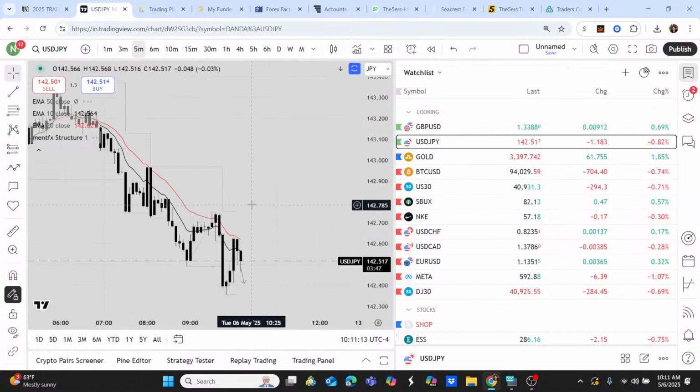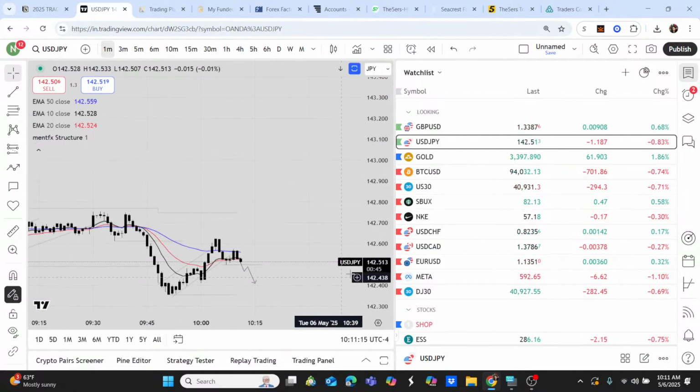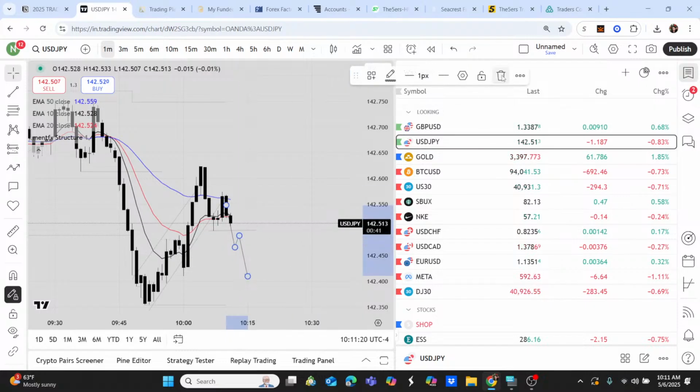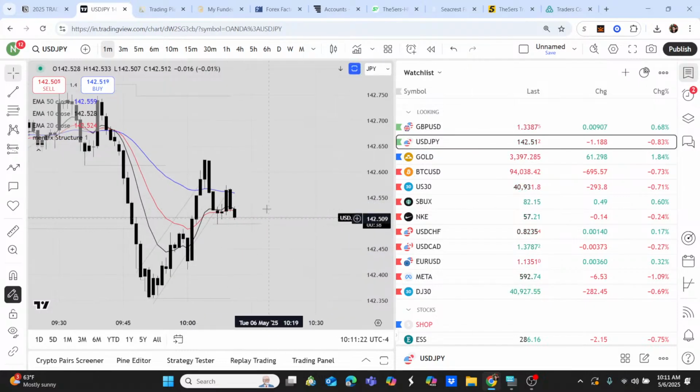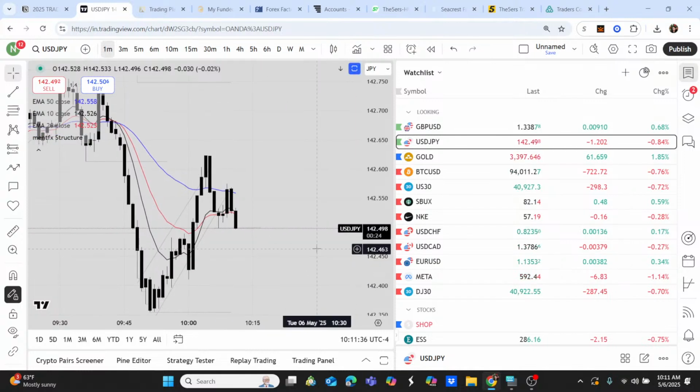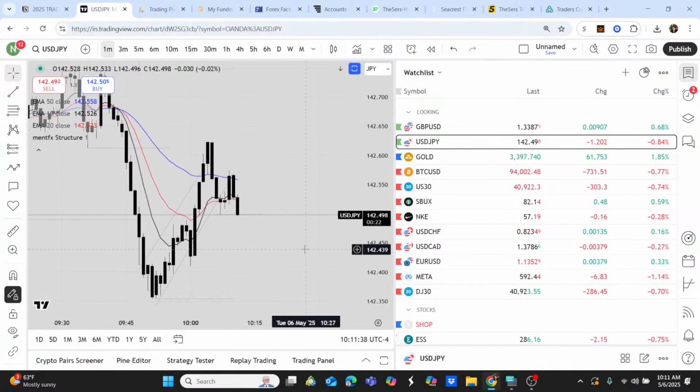But I needed it to come just a bit closer. All right, let me get this out of the way. I'll wait for price to break that area. Okay, so we're just waiting, a couple more seconds left.